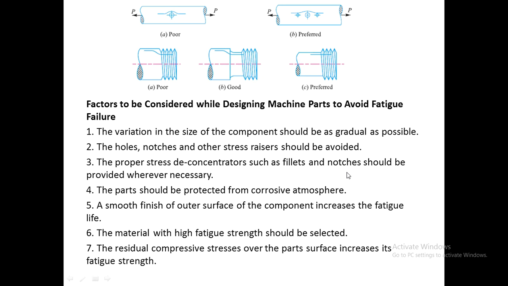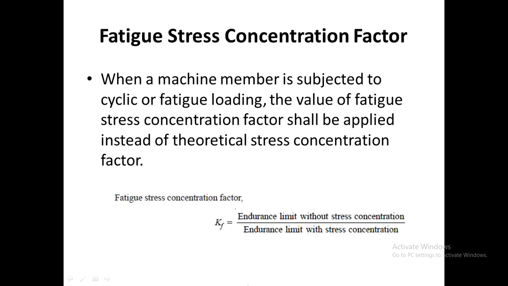The parts should be protected from corrosive atmosphere so that the smooth finish on the machine component is preserved. A smooth finish of the outer surface of the component increases the fatigue life. The material with higher fatigue strength should also be considered when manufacturing the machine component. The residual compressive stress over the part surface increases its fatigue strength.